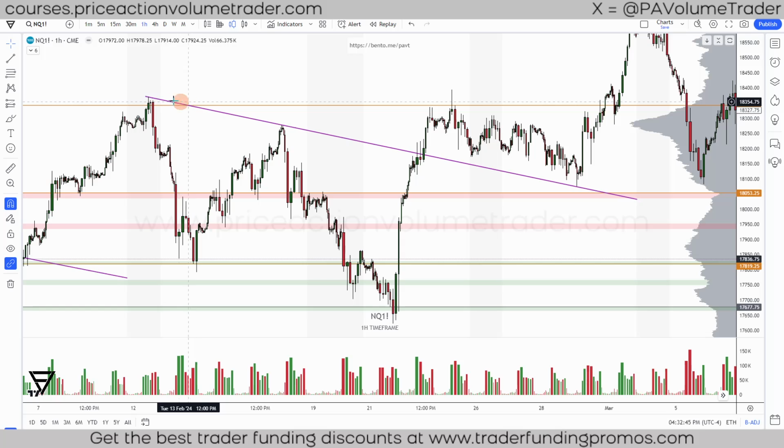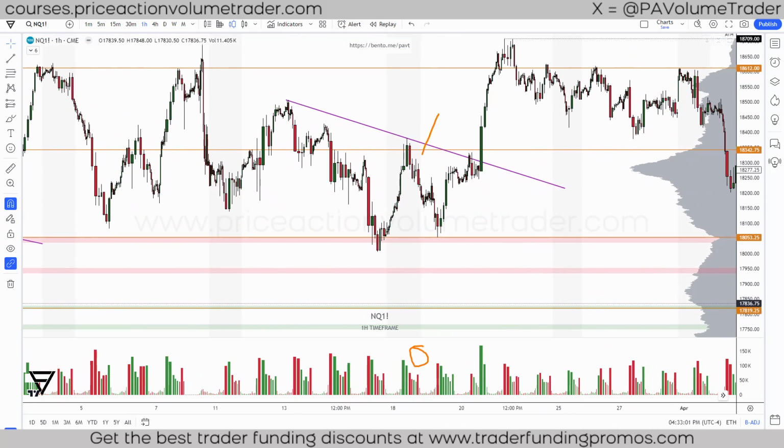This is another one. We had 1, 2, 3. We had some choppiness over here, but we did have an influx of high volumes, which finally broke this market out. And then we have the same thing on the lower time frame.